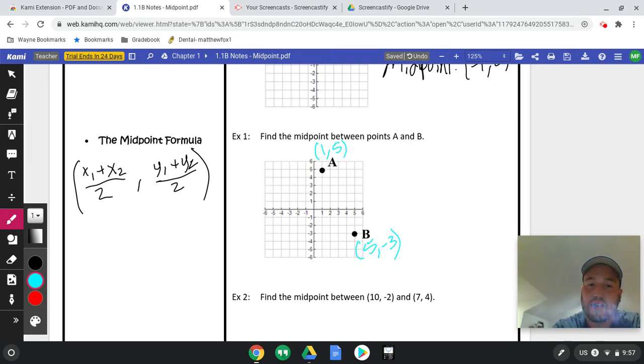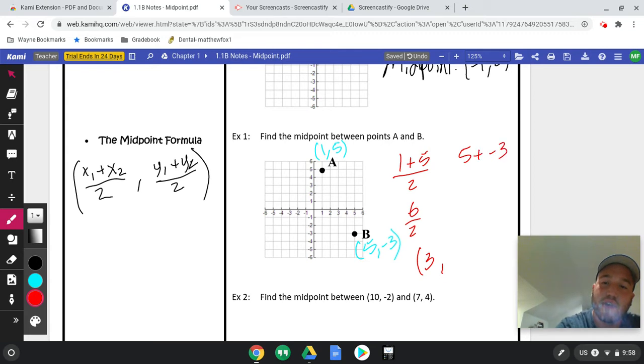We'll add the x coordinates together: 1 plus 5, divided by 2. 1 plus 5 is 6, and 6 divided by 2 gives us 3, and that is our x coordinate. For our y coordinate, 5 plus -3 divided by 2. 5 plus -3 leaves us 2, divided by 2 is 1. So 3, 1 is our coordinates.